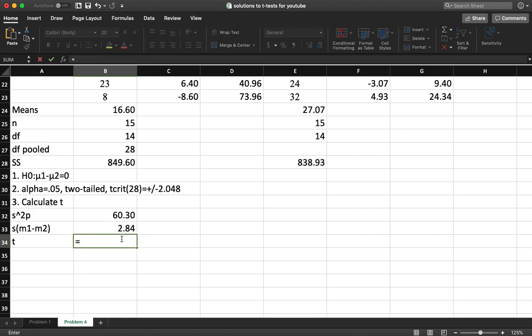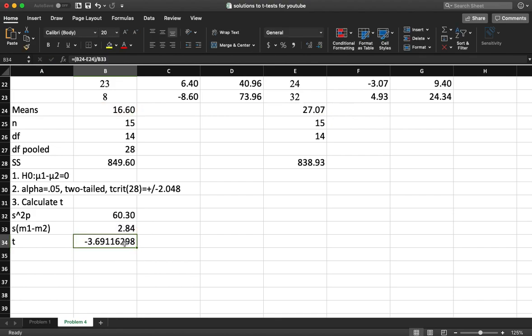T then is simply equal to the difference between mean 1 and mean 2. But I'm going to do that subtraction in parentheses. Mean 1 minus mean 2 divided by estimated standard error. That top part has got to go in parentheses so that Excel does it first before dividing.